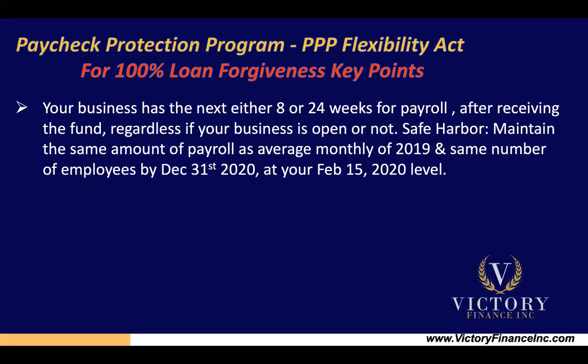For people who got the PPP loan early and are almost done, your 8 weeks is coming up, and it may be better for you to choose the 8 weeks instead of the 24 weeks. I'm saying that because there's a rule about maintaining the same average payroll, and also a headcount based on February 15th.